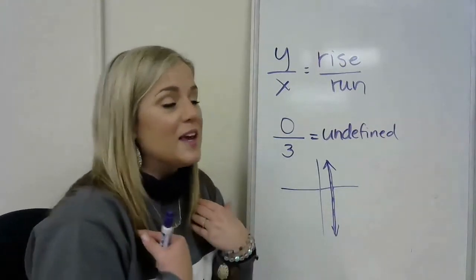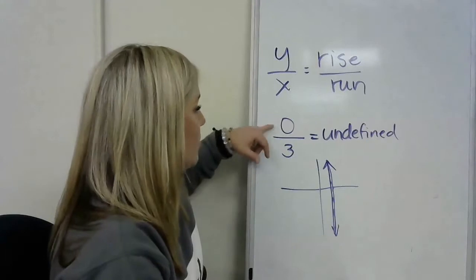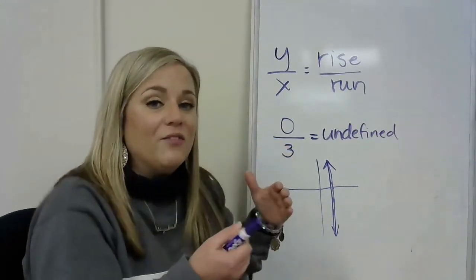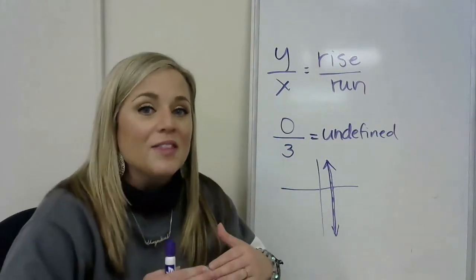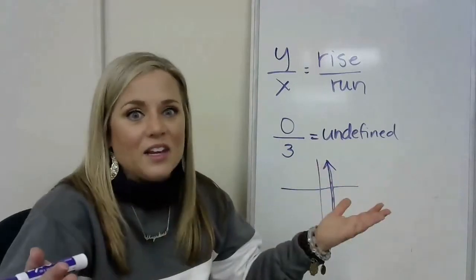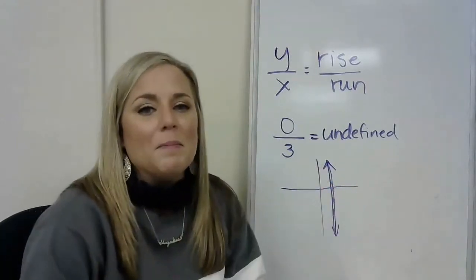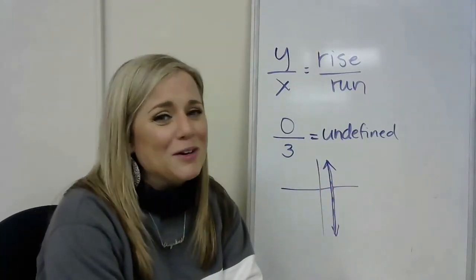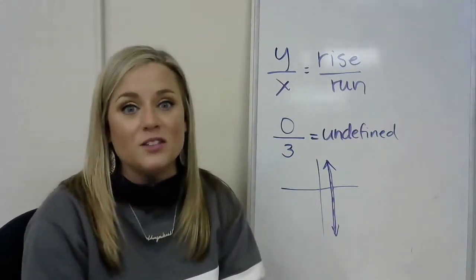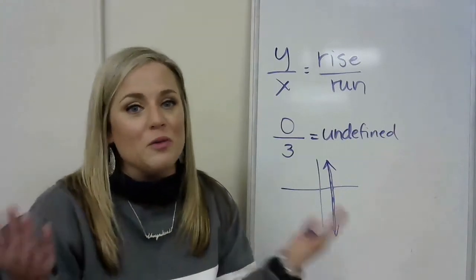The way I remember it is, if it has a 0 on top, it's never going to cross the y-axis, so it's undefined. And if it has a 0 for x, it doesn't have any slope, so it's 0. That's the only way I know how to remember it. If any of you guys have cool ways to remember it, please share with me. I would love to share it with everybody else.